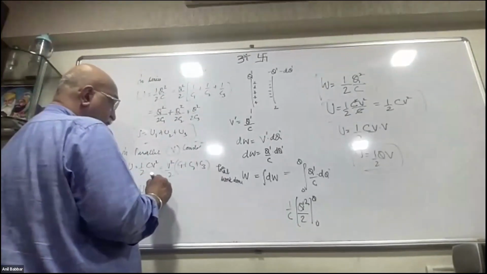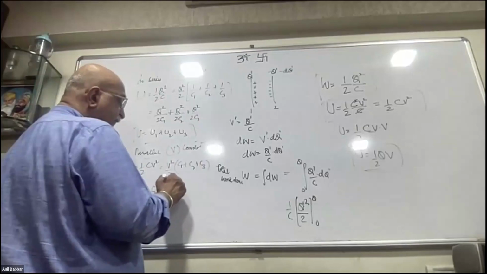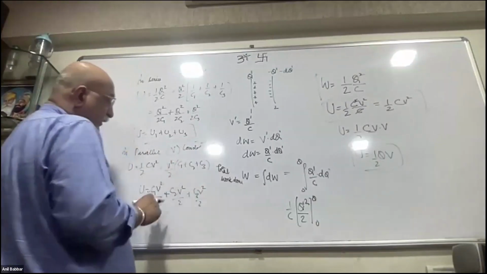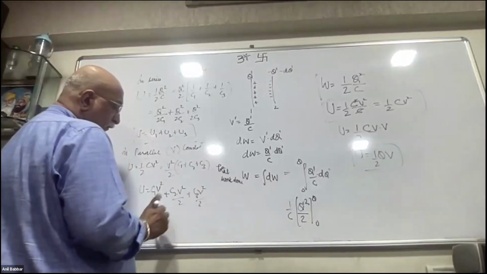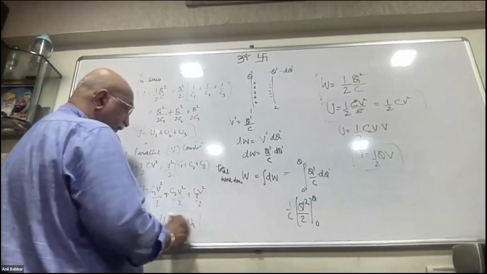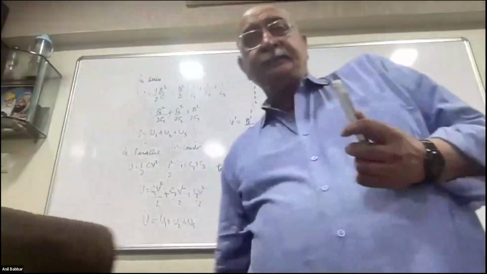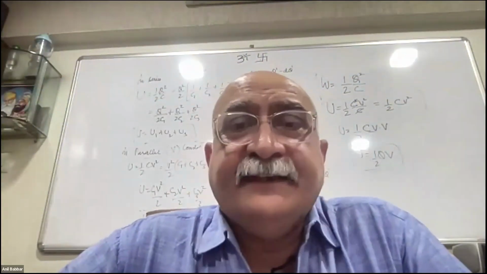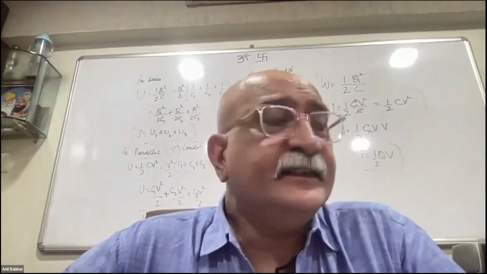So U is equal to C1 V square upon 2 plus C2 V square upon 2 plus C3 V square upon 2. This is nothing but U1 plus U2 plus U3. So in either case, whether series combination or parallel combination, energy stored is additive in nature.